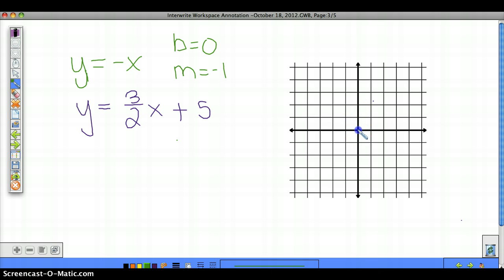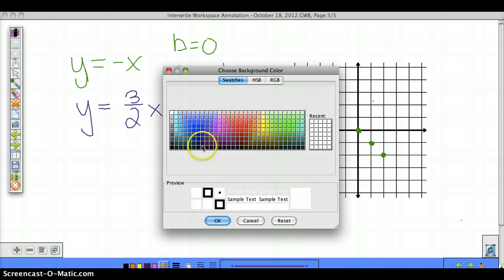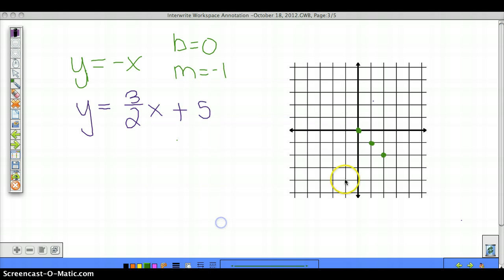So I'm going to go over here and plot my b at 0. I'm going down 1 over 1, down 1 over 1. So I'm going to graph this line in green. Should look like this. Alright, and then my second line, I have a y-intercept of 5.